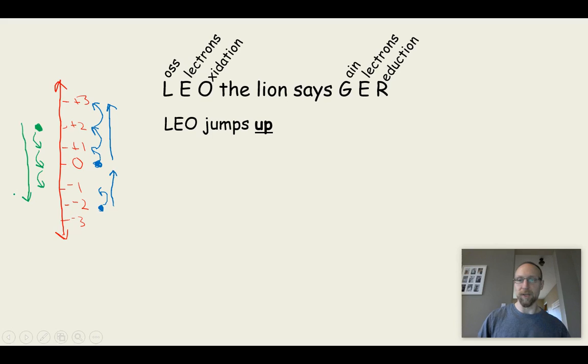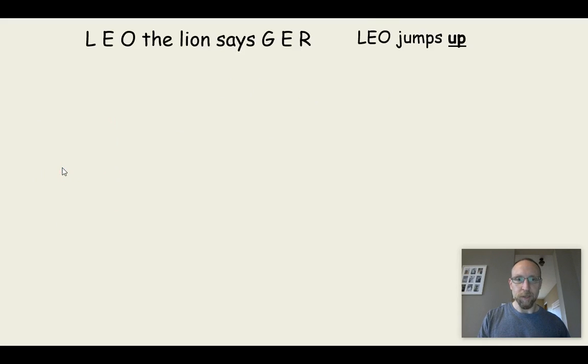You're getting smaller. You're going down. Right? So that's why we call it gain reduction, because your oxidation state is going down. It's reducing. It's getting smaller. So sometimes this might help put things into perspective for you. So now keep this in mind. Leo jumps up. I'm going to leave those up here on the top of the screen to help you out as we're going through this stuff here.